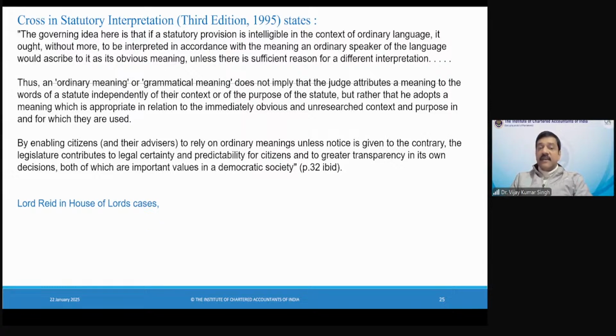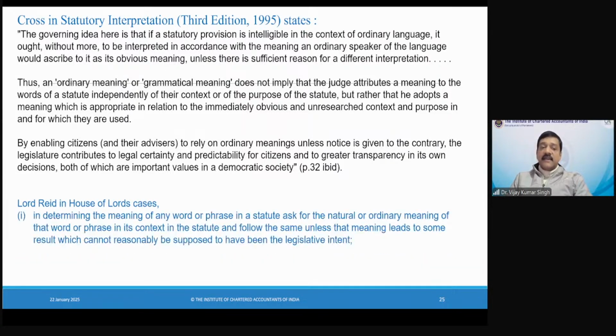So Lord Reed in House of Lords cases said, in determining the meaning of any word or phrase in a statute, ask for the natural or ordinary meaning of that word or phrase in its context in the statute and follow the same unless that meaning leads to some result which cannot reasonably be supposed to have been the legislative intent.